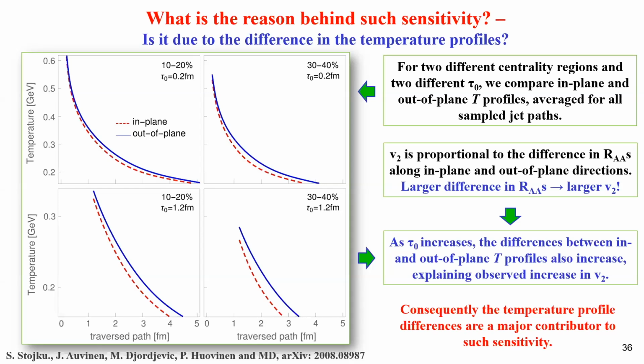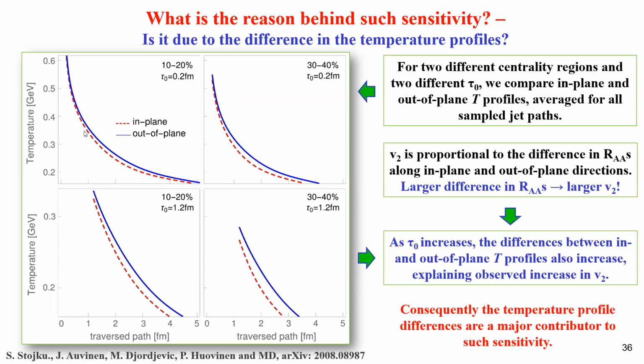To test this, we use 2 different centrality regions, 10 to 20 and 30 to 40, and 2 different thermalization times, 0.2 and 1.2, so 2 extremes. Then we plot the temperature profiles, comparing in-plane and out-of-plane, averaged over all sample jet paths.